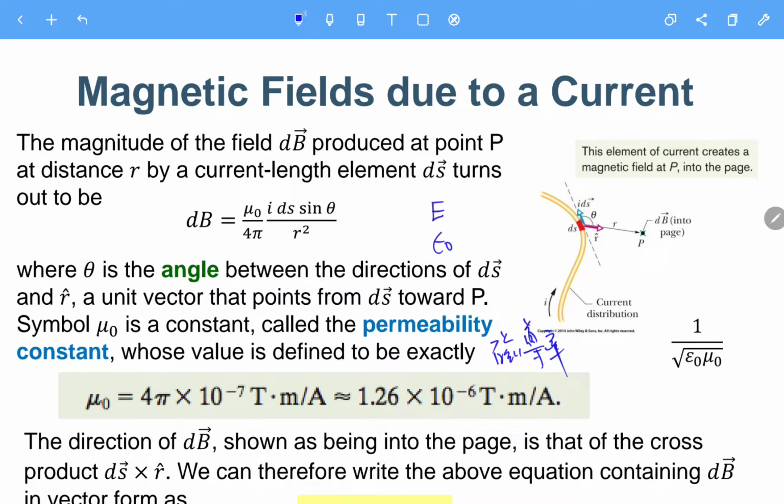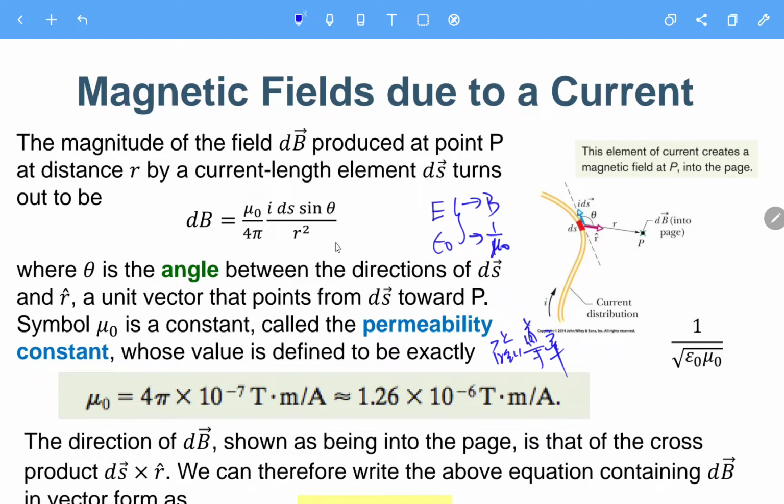So usually the version for the magnetic field would be like we change E to B and then change epsilon naught to 1 over mu naught. So we have the reciprocal for this constant.